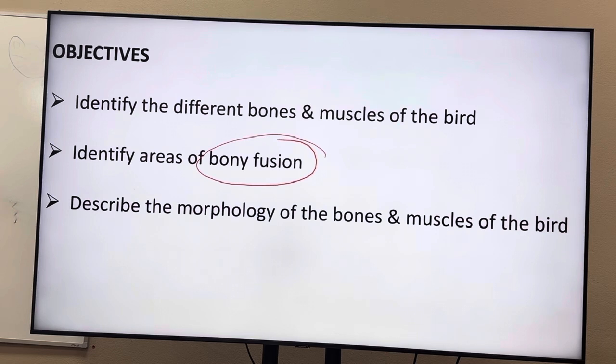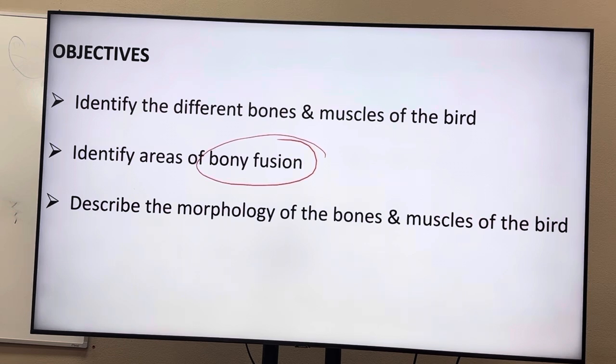Instead of having multiple bones, they fuse to become one. And also we have pneumatization, that is air-filled spaces within the bone. So these are some of the structures that we will be focusing on primarily.